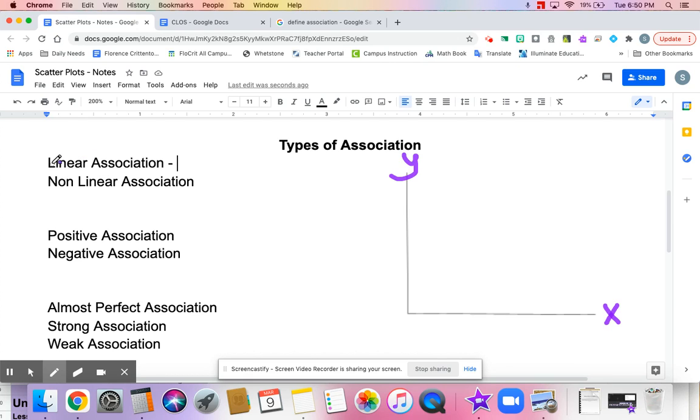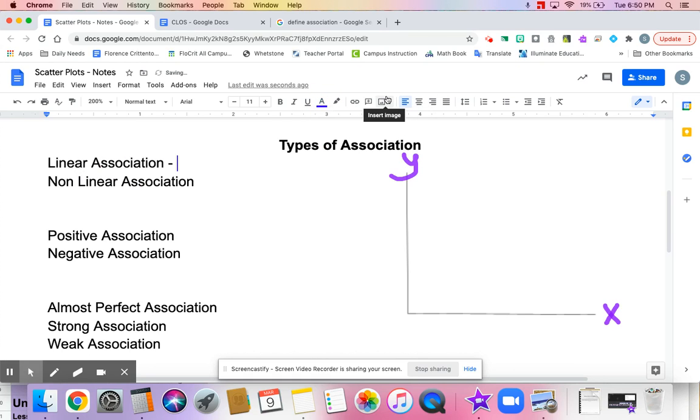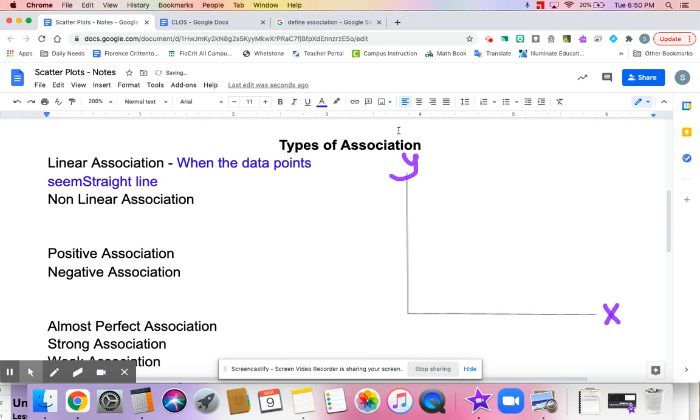So one thing they always want to know is: is it a linear association or not linear? Well, the word linear just means straight line. So a linear association is when the data points seem to be following a straight line.